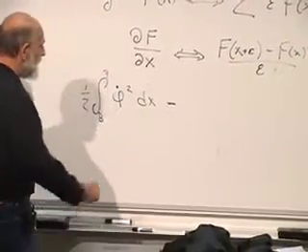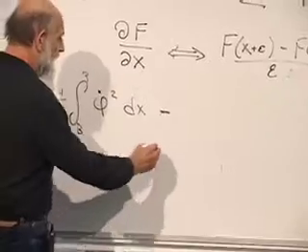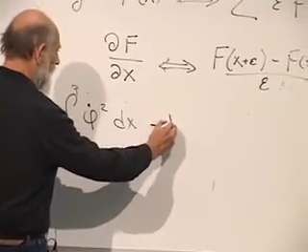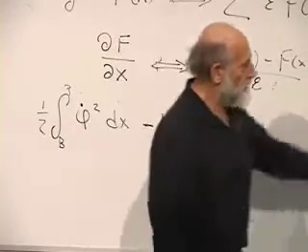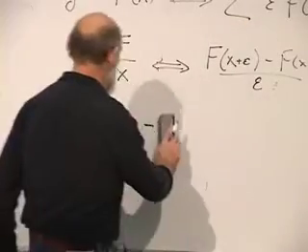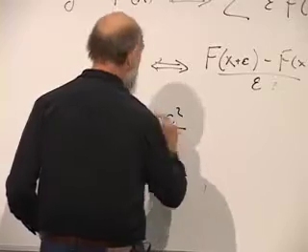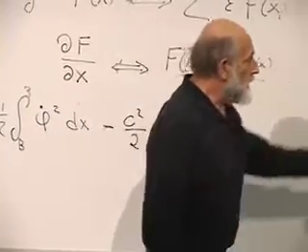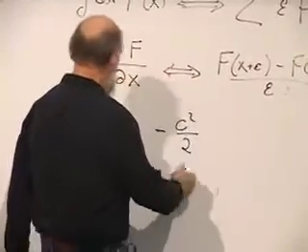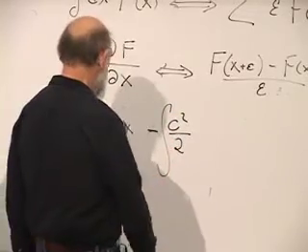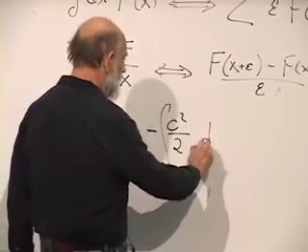I want to subtract the potential energy. So that's minus 1/2. The 1/2 is the same 1/2. C squared over 2 minus c squared over 2. Epsilon in the numerator just becomes dx again. Let's put integral dx.